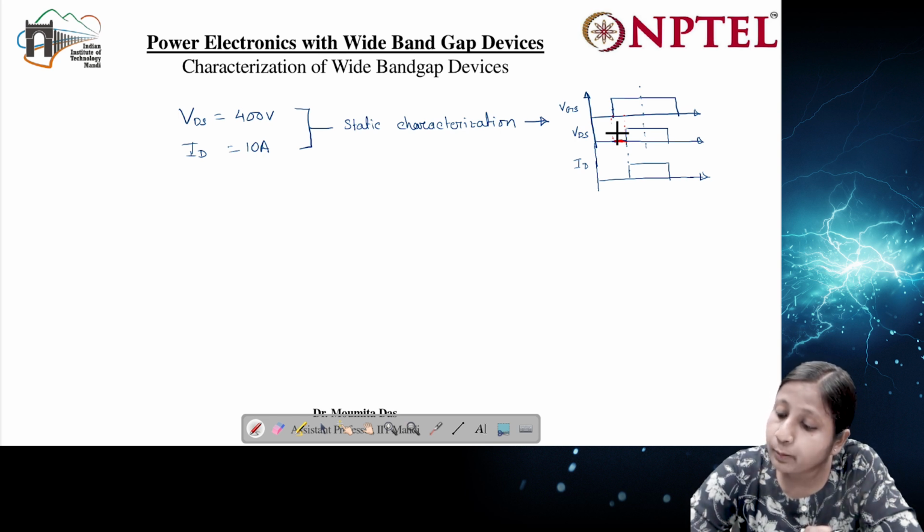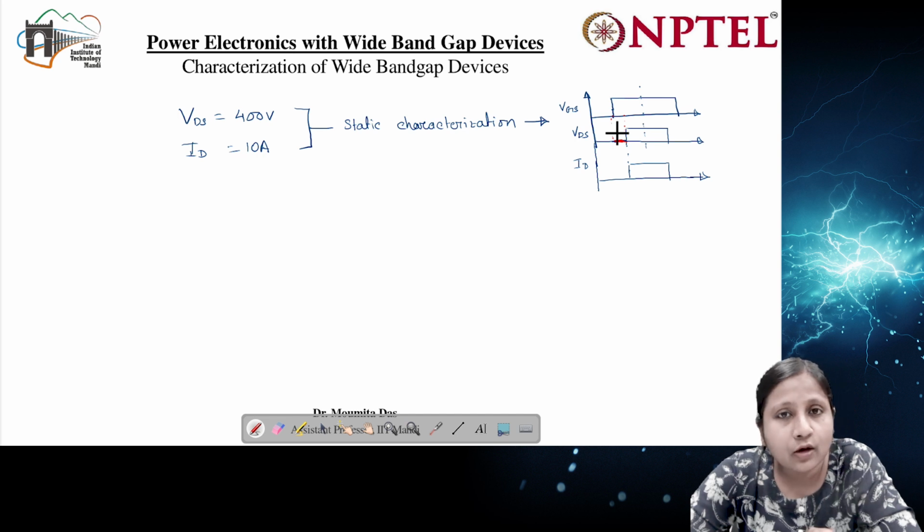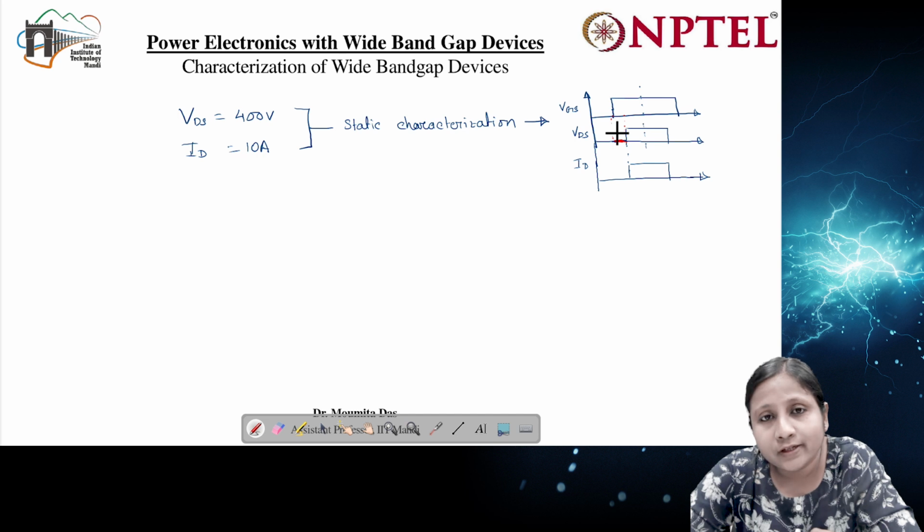Because by keeping the delay we can allow the device resonant parameters to settle. If the device is turning on in hard switching mode, then due to the presence of parasitic parameters like capacitors and inductors, there can be some oscillation during the start. Similarly, during the turn off condition this oscillation can also be present.